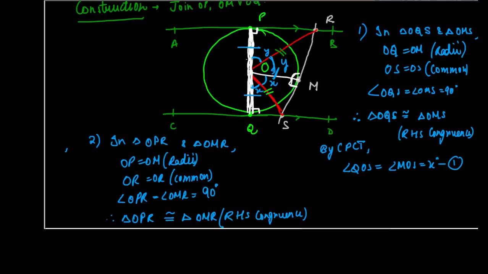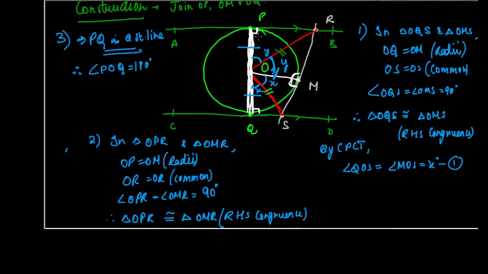Now see PQ, the third part of this proof. PQ is passing through the center, right? So can we say PQ is a straight line? Yes, because PO and then OQ, PQ is a straight line. Therefore, it has to form a 180-degree angle through the center. Therefore, angle POQ has to be 180 degrees.